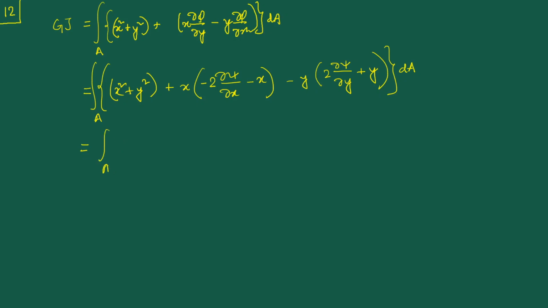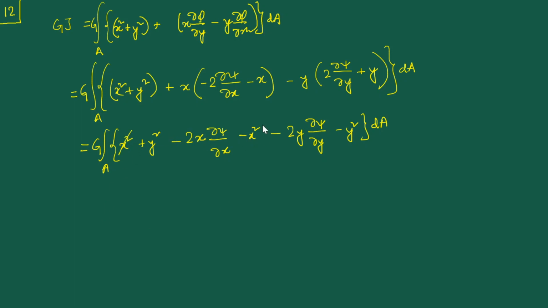So if I just simplify that a little bit, let me not forget this G, which is present on the left hand side. So I have this minus twice x del psi del x minus x squared minus twice y del psi del y minus y squared.